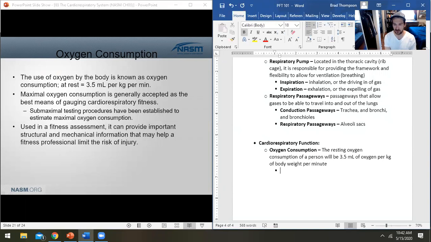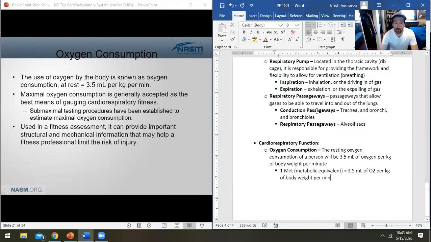This is referred to as 1 MET, or metabolic equivalent, equals 3.5 milliliters O2 per kilogram per minute. That's sort of the formula there.